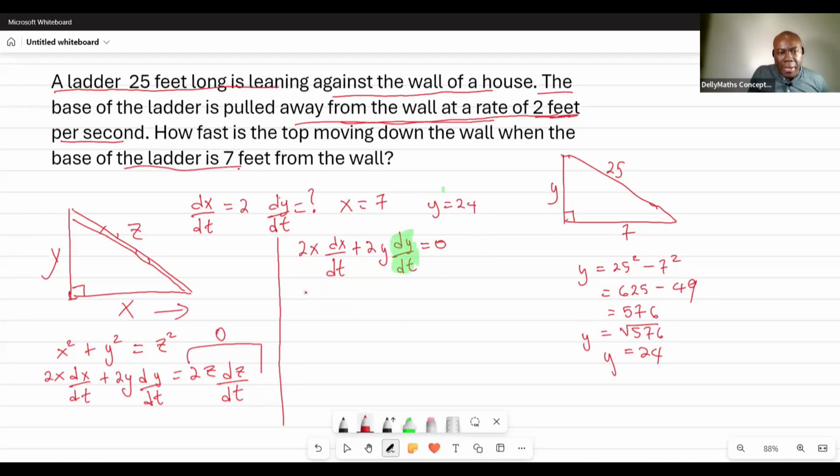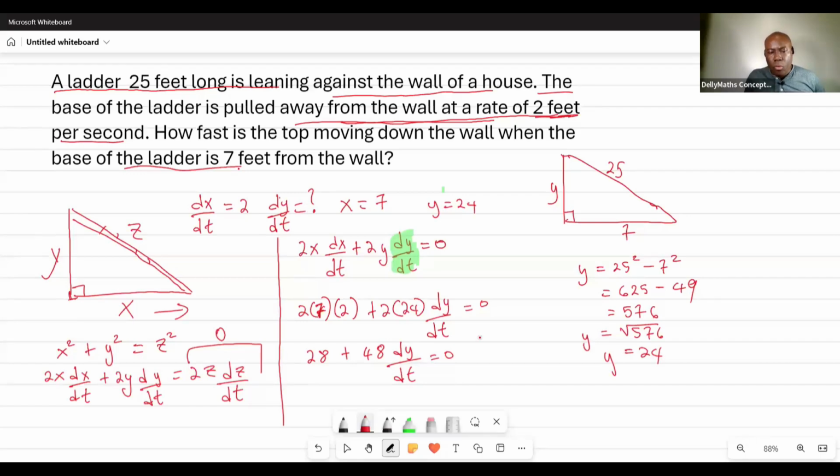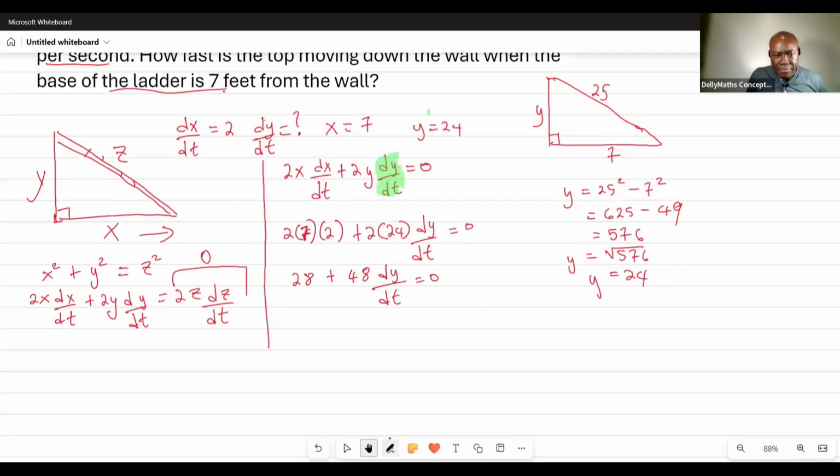Then I'm able to substitute and solve for the main idea, dy/dt. Let us do that. Basically, I have 2 times 7 for the x and dx/dt is 2, plus 2 times 24 times dy/dt, and this is equal to 0. So what I have is 28 plus 48 dy/dt equals 0.